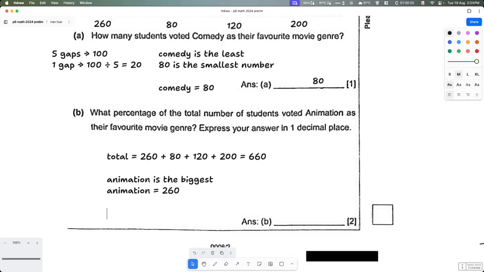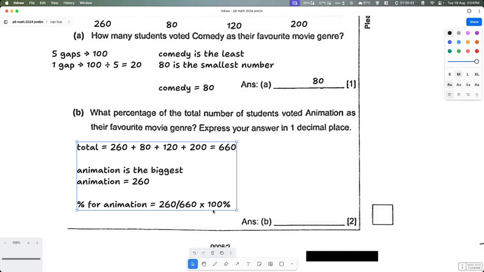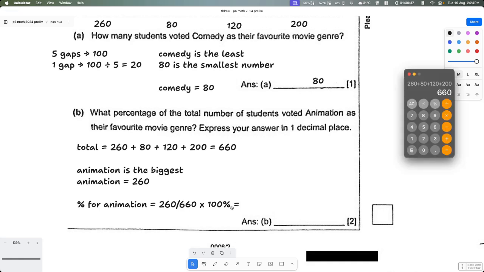So percentage of students for animation is equal to 260 out of 660 times 100%. Okay, and what would this be equal to? So let's use our calculator. 260 out of 660 times 100.